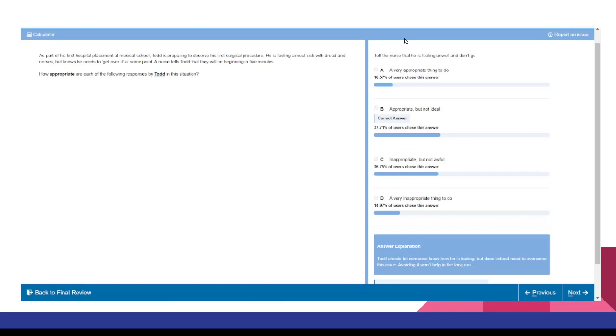However, he told the nurse the way he is feeling and that he doesn't want to go. But by telling the nurse, obviously, the nurse would have been able to encourage the student, and it would have helped him more than not telling her and just leaving. So this would be a more appropriate than inappropriate course of action.